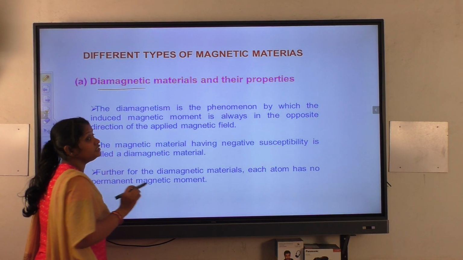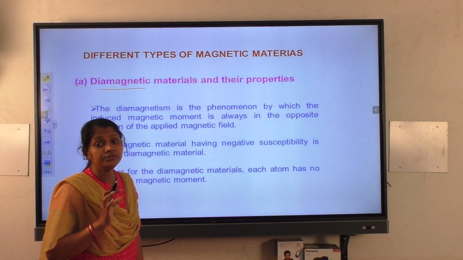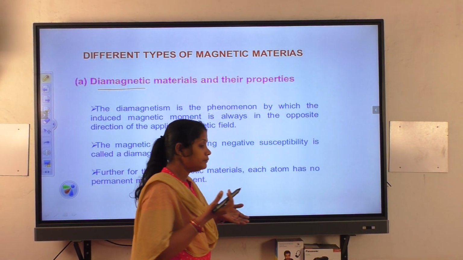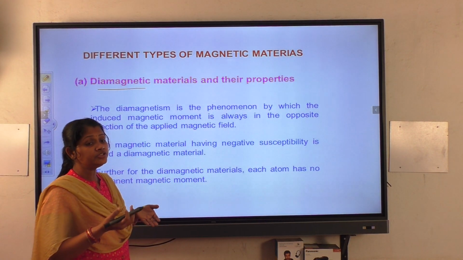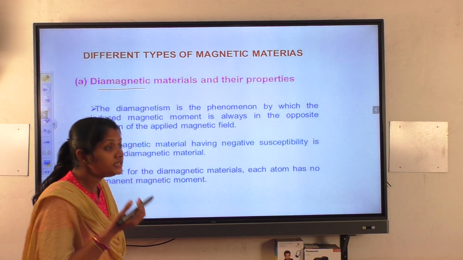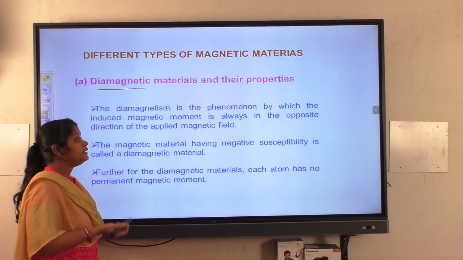Diamagnetic materials. These are materials which bear the property in which the magnetic moment is opposed, or moves in the opposite direction of the magnetic field.